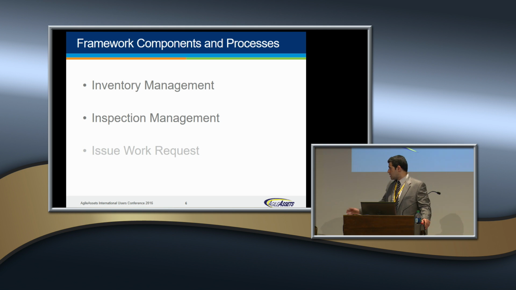NYSDOT has chosen to have the work request process as a part of the MMS implementation, but I have tweaked this environment for the purpose of the demo today and added issue work requests so you can see how it works in conjunction with inventory and inspection management.